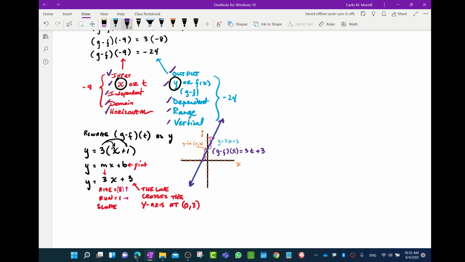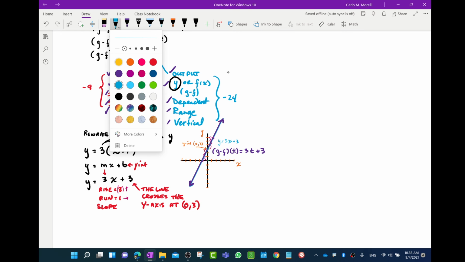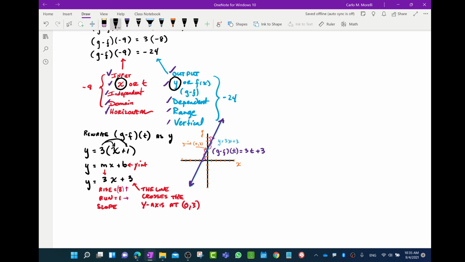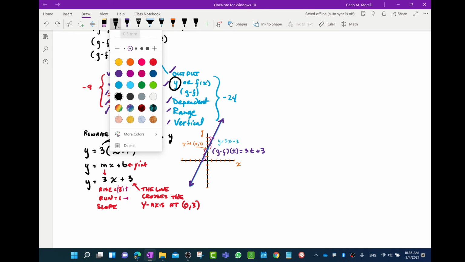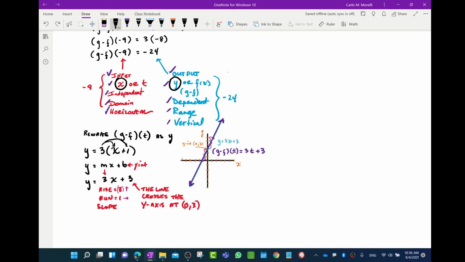So what that means is that somewhere on that graph that we just drew, which we're not going to draw out to be big enough to see these points, but here is what I'm trying to tell you.